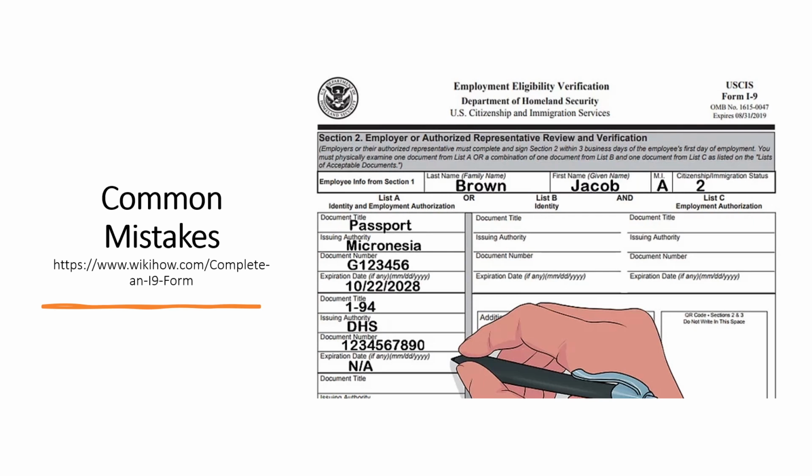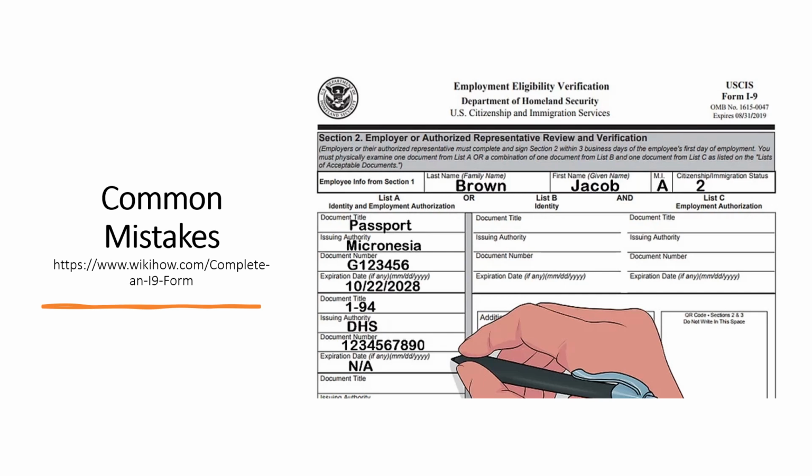I highly encourage you to go over to that website. They have pictures and they can show you step by step how to complete those forms. So I need you guys to educate your staff, educate yourself, educate your employees on how to complete an I-9 form.